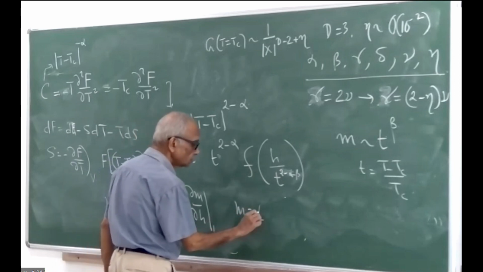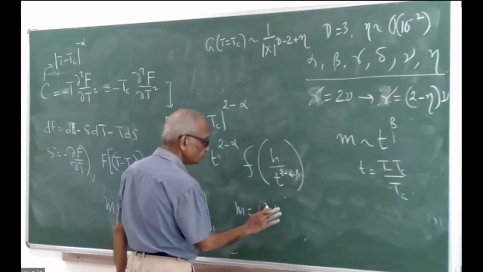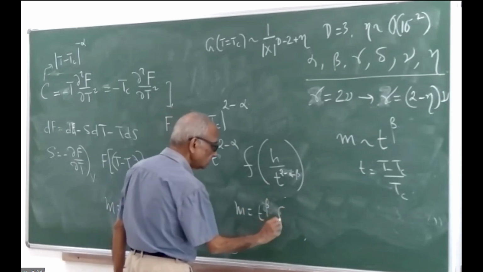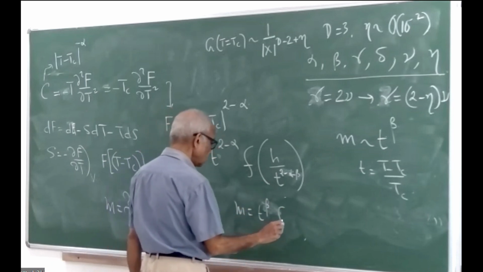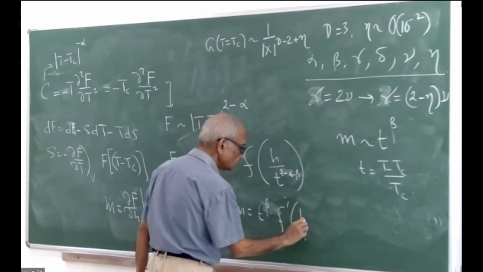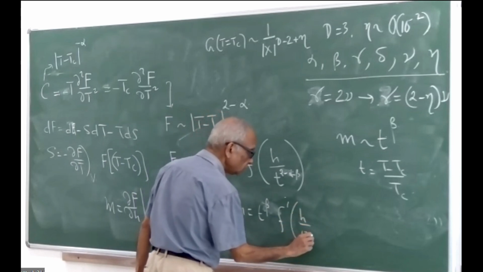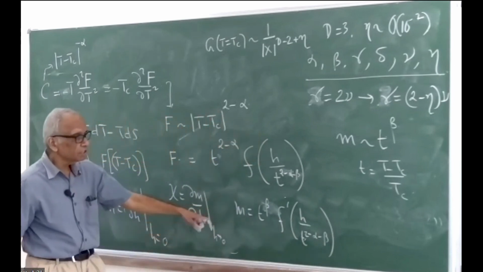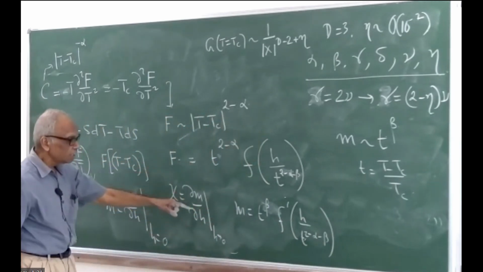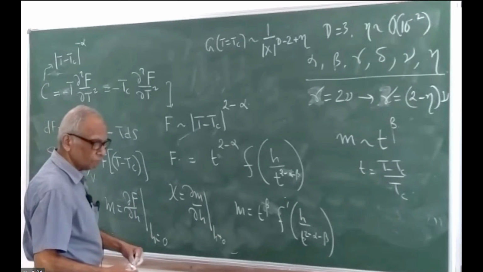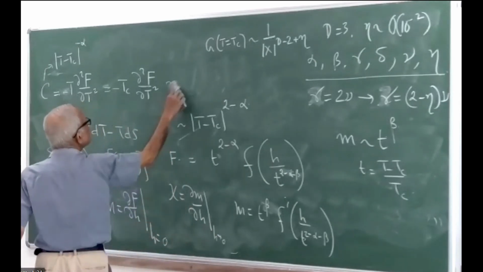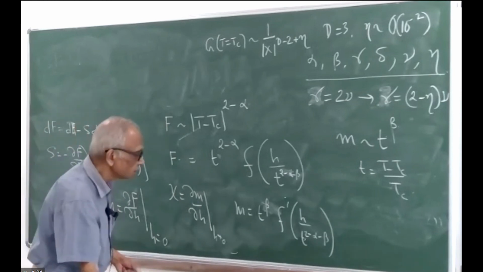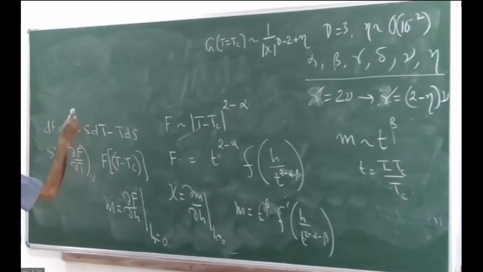So m is t to the power beta, and then it is f prime of h over t to the power 2 minus alpha minus beta. To get the susceptibility, I have to take a derivative once again.